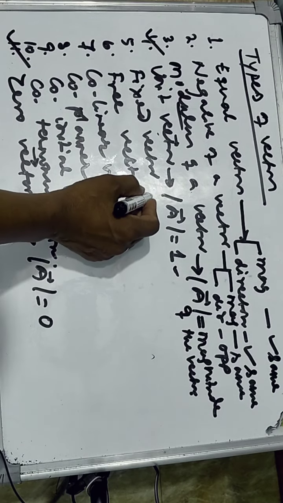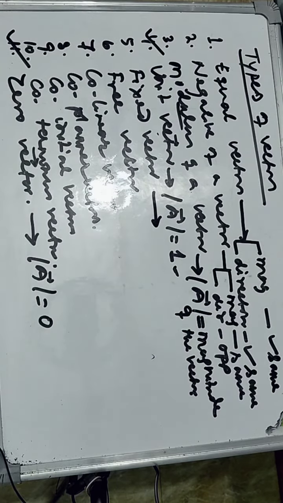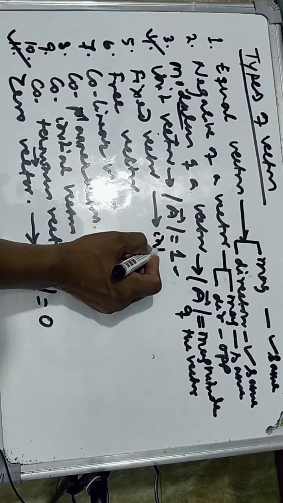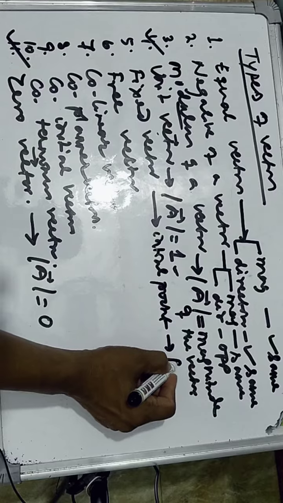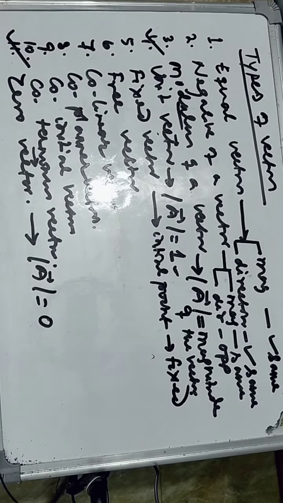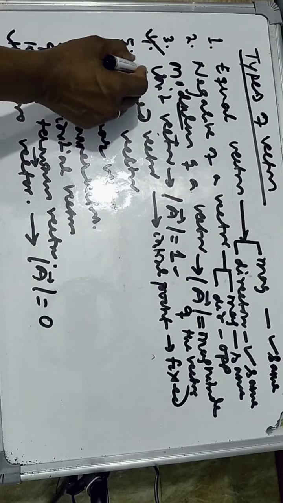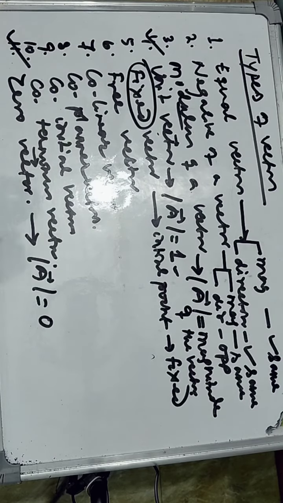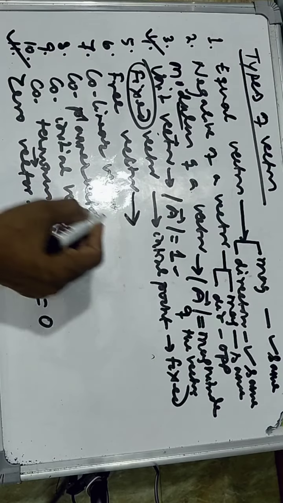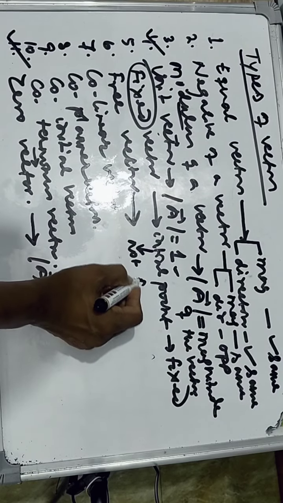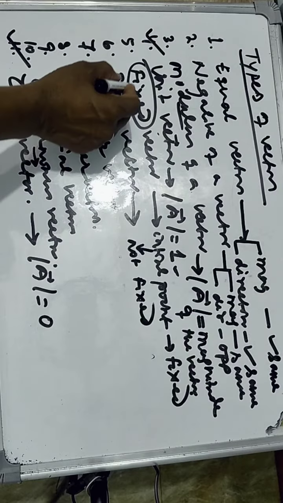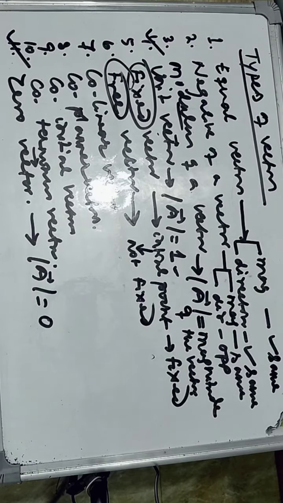Now, any vector whose initial or starting point is fixed will be termed as a fixed vector. If the initial point is not fixed, then it will be termed as a free vector.